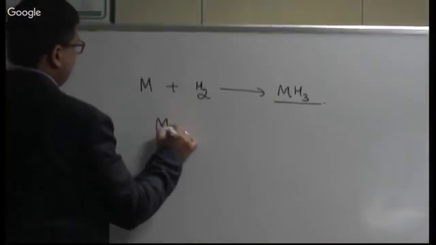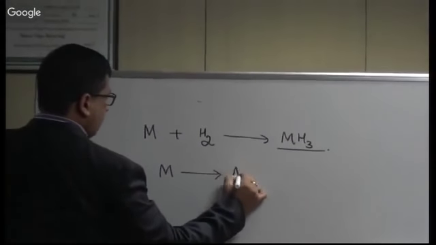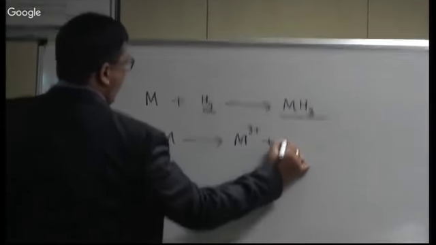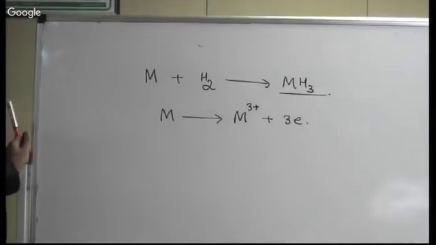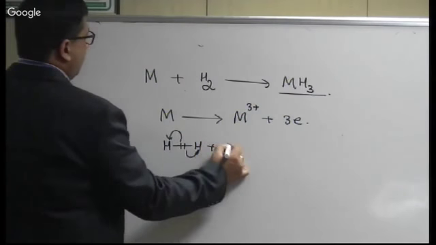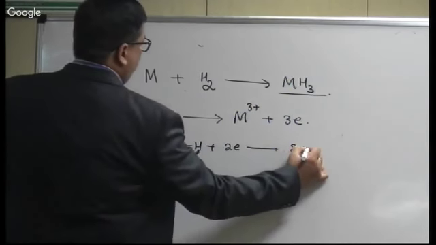Clear? We know that if this metal loses 3 electrons, M3 plus, in case of bismuth and all that, hydrogen is homolytically formed, and if it accepts an electron, it gives H minus.